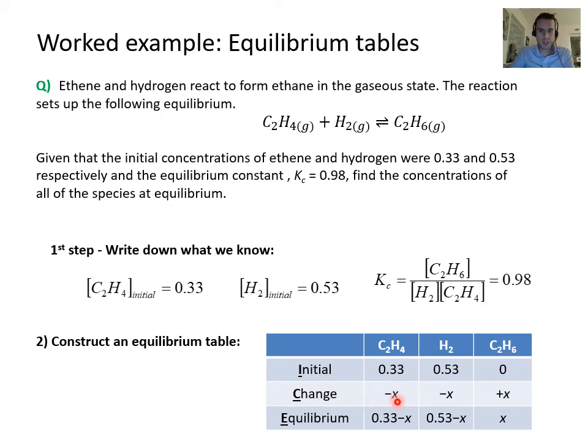The change, with stoichiometry 1 to 1 to 1, is just a change of minus x in the case of the 2 reactants, and plus x for the product because 1 mole of it is made for every mole of the reactants that are reacted. And finally, our equilibrium, as before, is the initial concentration minus the change. So again, we have those written into the table, and 0 plus x is equal to x.